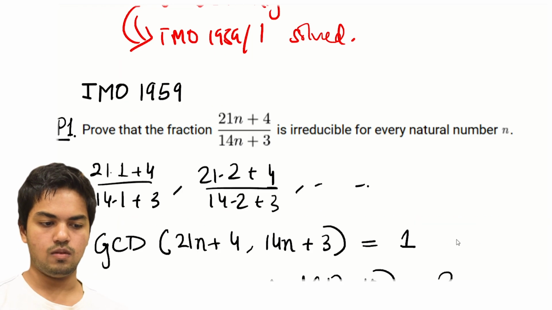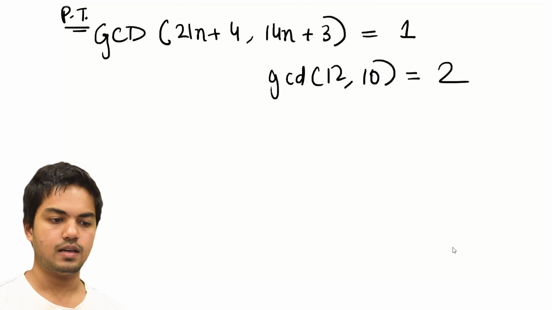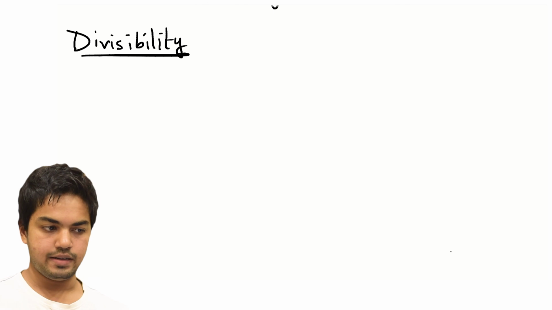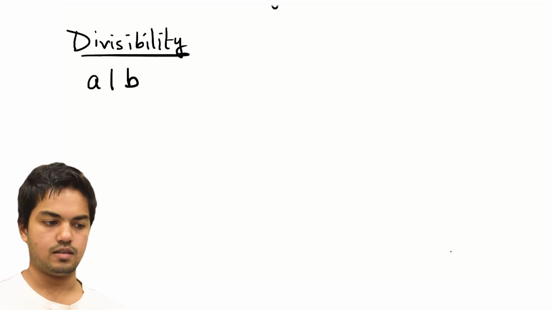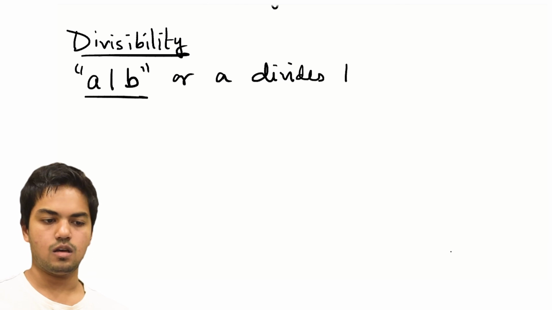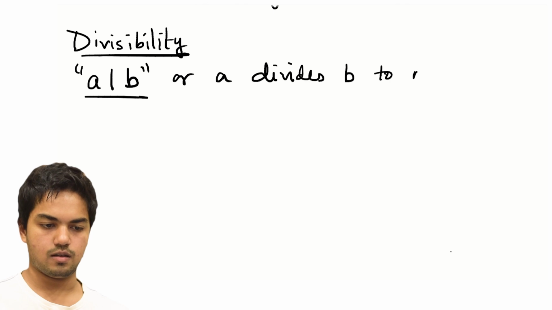So let's put this problem aside for a bit and discuss what divisibility is. I'll make it quick. I'll write that A divides B, and I'll use this notation, to mean what we understand it to mean.